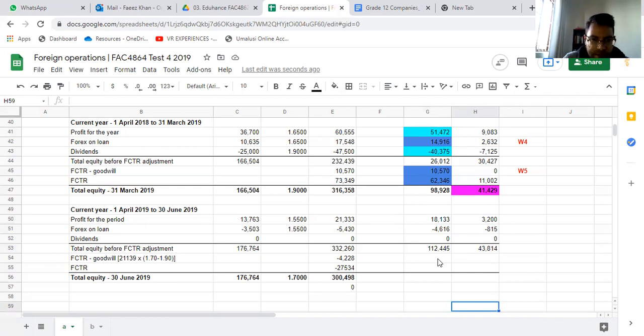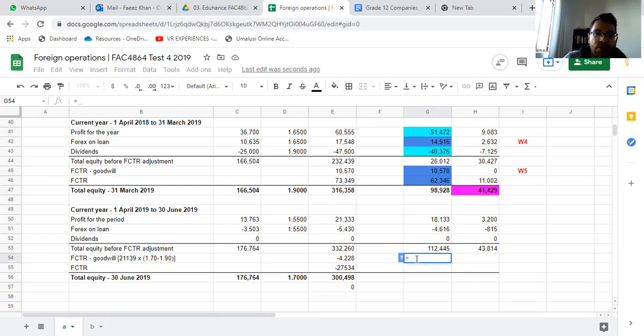And then same. So remember, for goodwill, because we are using the partial goodwill method. And how do we know we're using the partial goodwill method? Because NCI is measured using the net asset, the proportionate method. So because NCI is measured using their proportionate share, that means we're using the partial goodwill method.